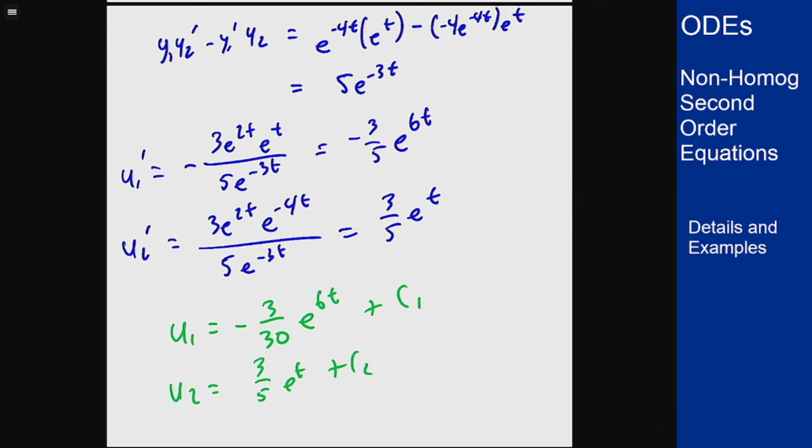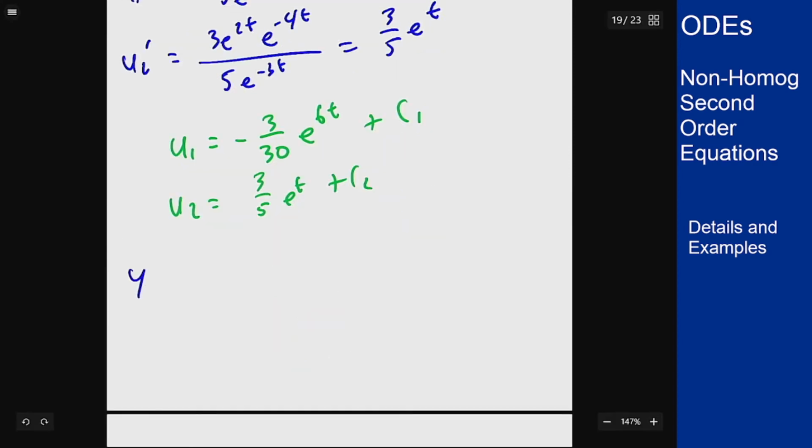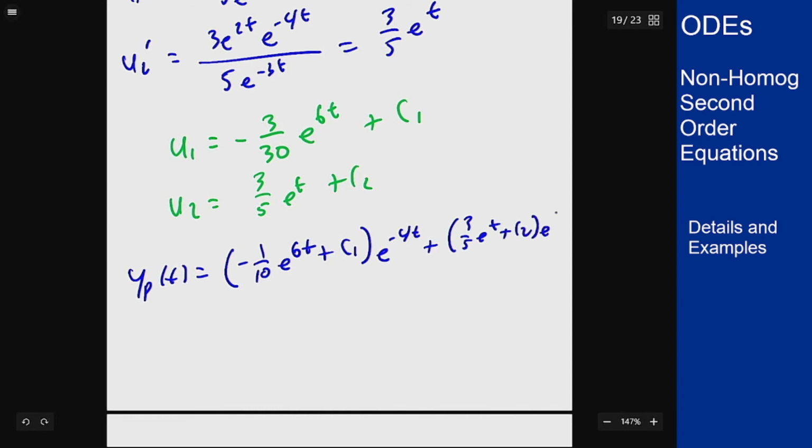And my solution is just u1 times y1 plus u2 times y2. So my yp of t here is going to be negative 1/10 e to the 6t plus c1 times y1, which was e to the minus 4t, plus 3/5 e to the t plus c2 times e to the t.